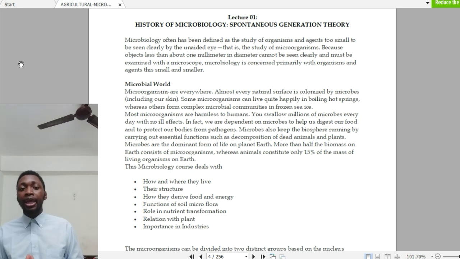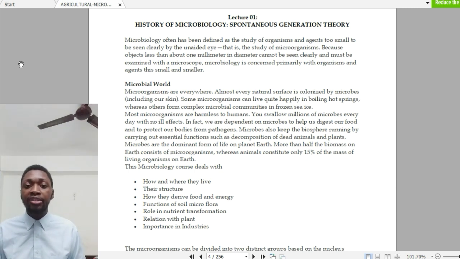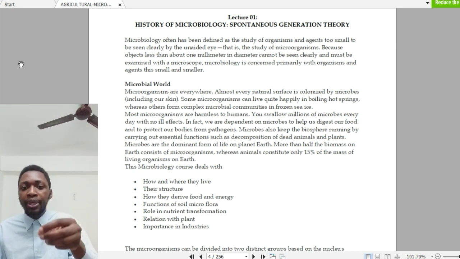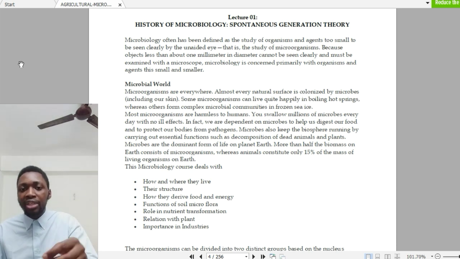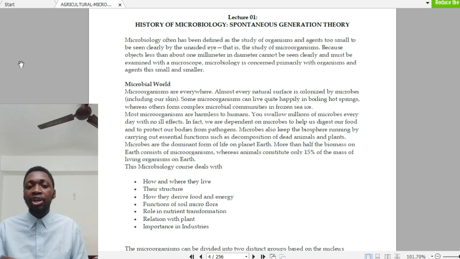As we cannot see these organisms with our naked eyes, we need something which can make us see them, and that is the microscope. The microscope is an instrument which magnifies small objects to appear as larger objects. Thus we need microscopes in order to continue with the study of microbiology.